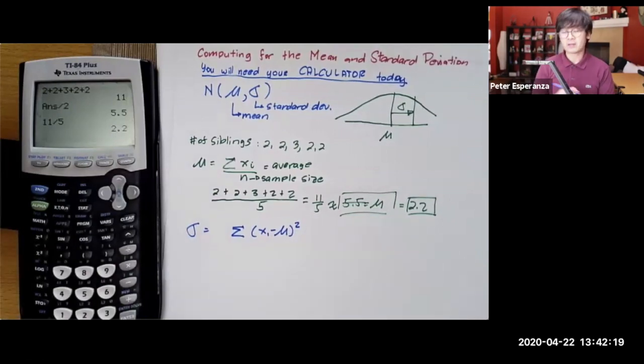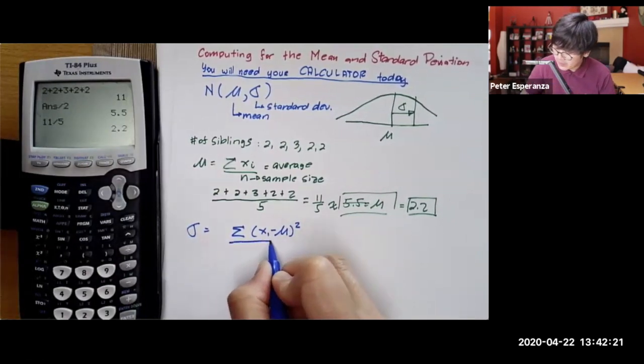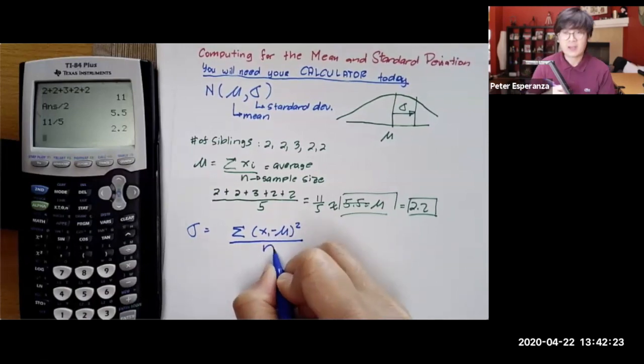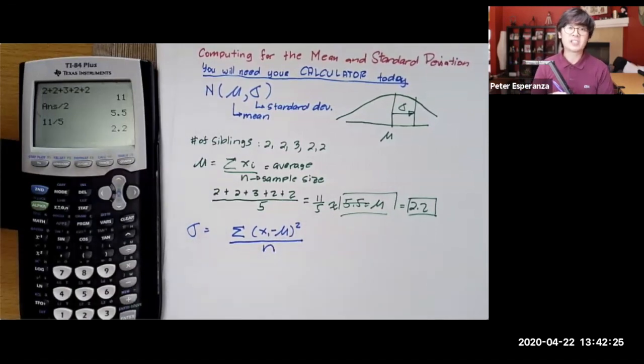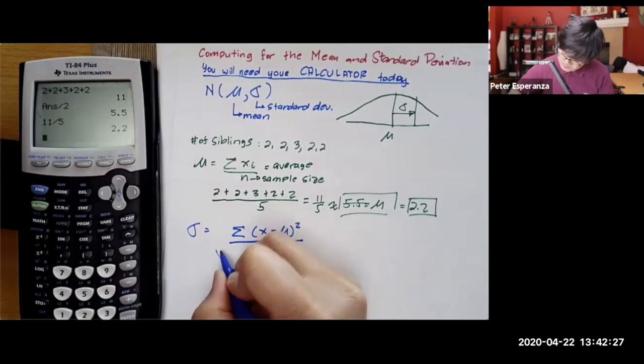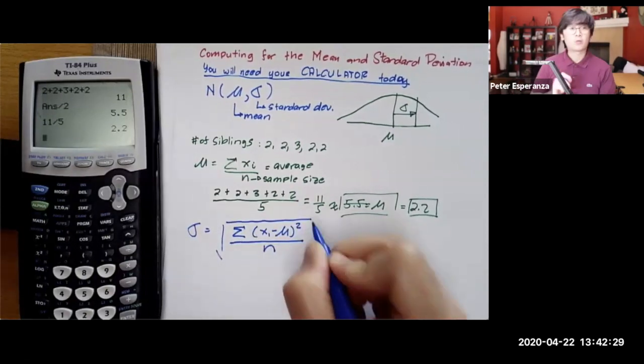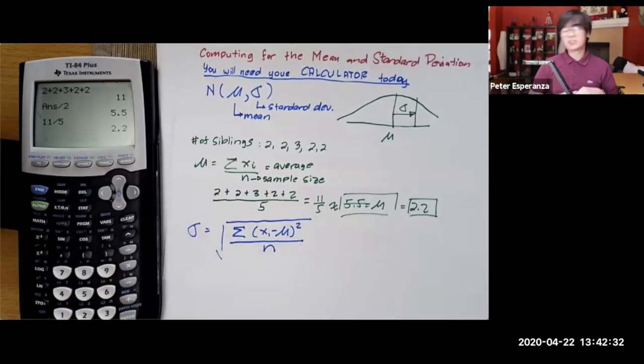After you square it, you divide it by the sample size, and after dividing, we take its square root. So that is the value of the standard deviation.